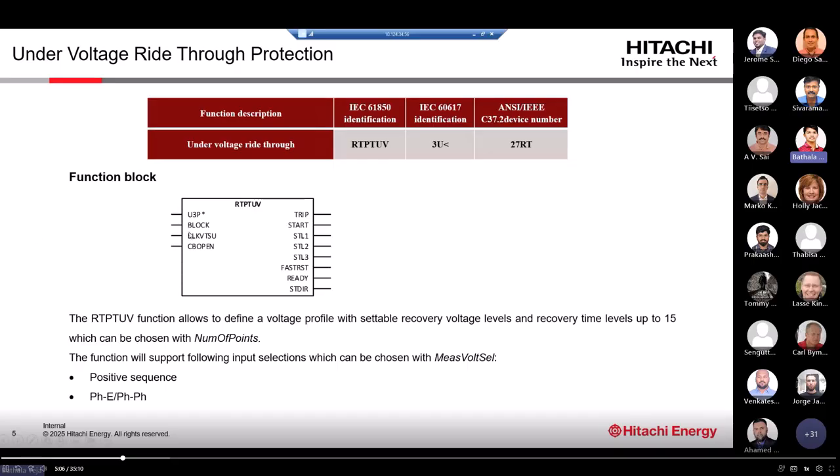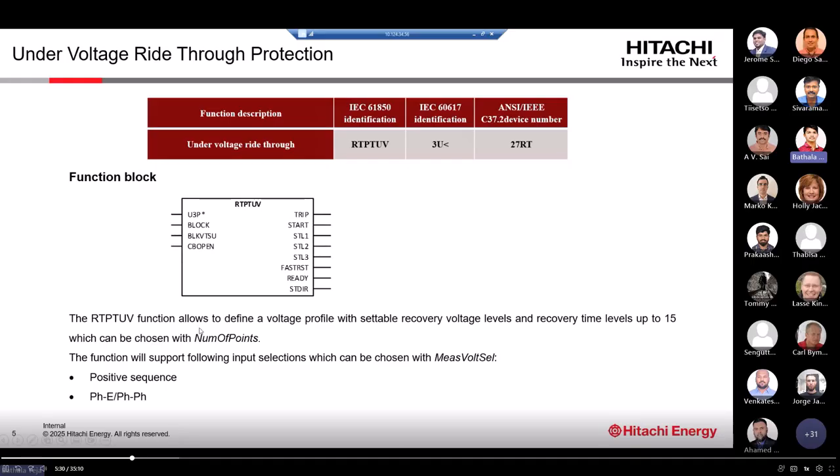So we are taking voltage input and providing trip, phase-wise start and fast reset. We will go through that in the next slides. Also ready, and this STDR is a binary coded start. I'll be explaining fast reset and ready further in later slides.